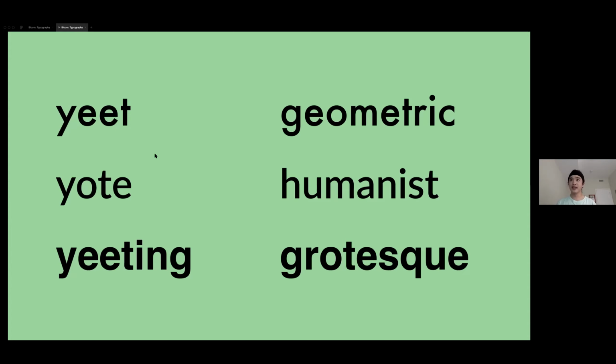It takes on a lot of the properties of humanist fonts, which have more natural strokes, so your E's aren't going to be perfectly circular. The curves in these fonts travel in a much more human-like motion.